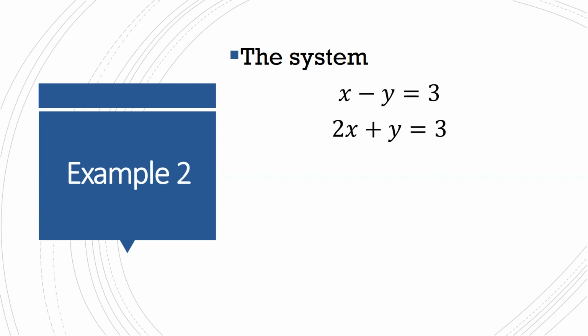Okay, let's take a look at another system. This second system has x minus y equals 3 and 2x plus y equals 3. In order to use substitution to solve this system, what we will have to do is get x equals an expression in y or y equals an expression in x.